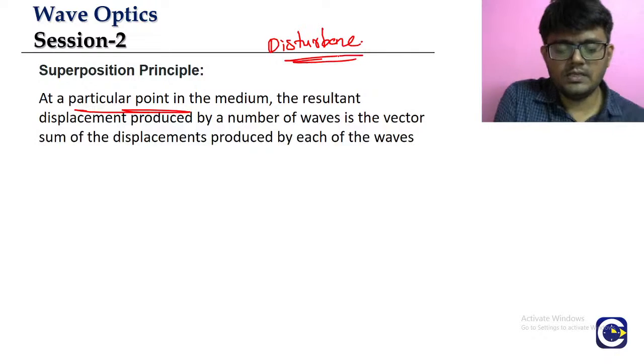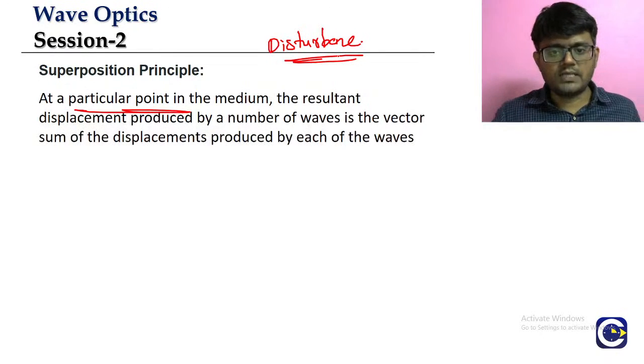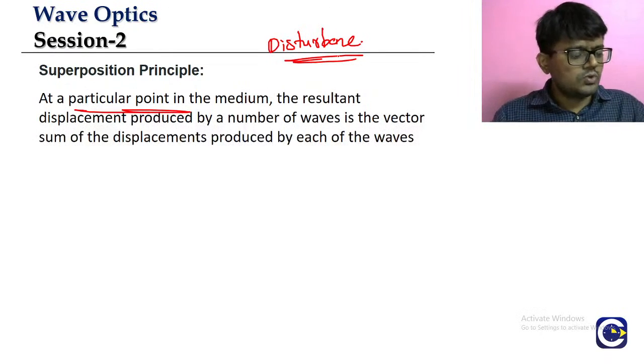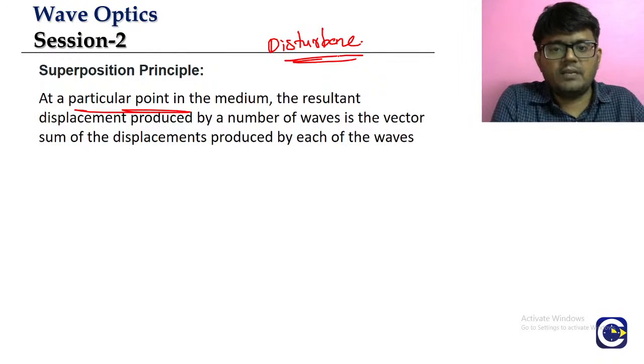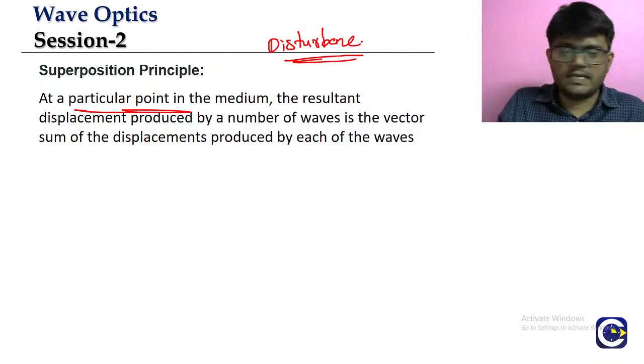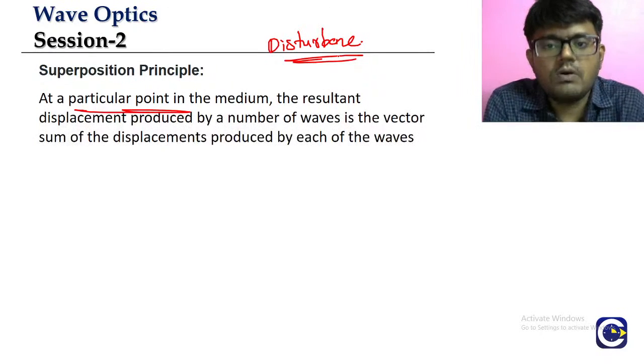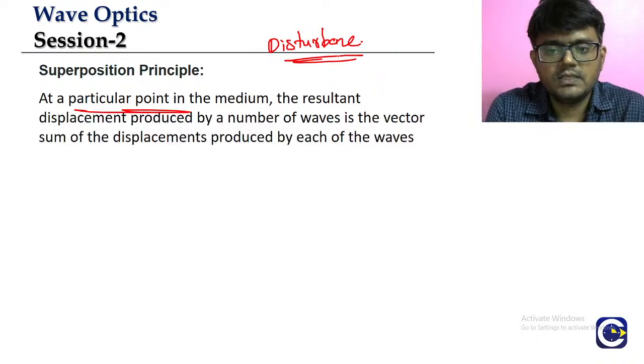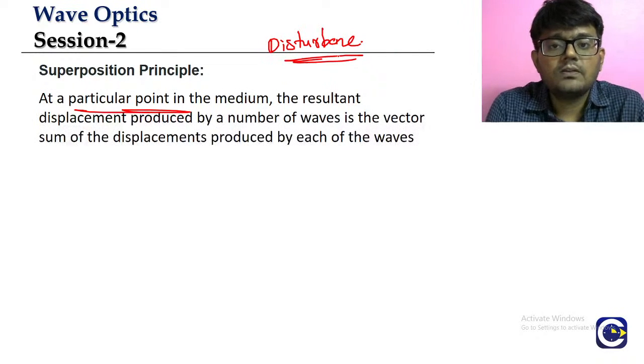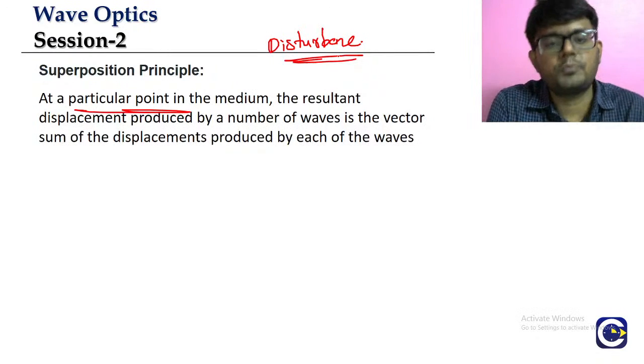When you are in calm water or a pond, you throw a stone in one place, it will create ripples on the surface. You throw a stone somewhere else, and the ripples coming from both the sources will try to overlap onto one another. They will try to create a combined disturbance. That is what you call the overlapping of waves, or interference of waves. We can say superposition of the waves.